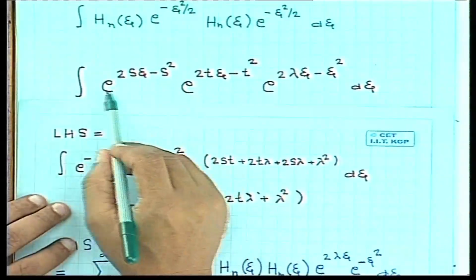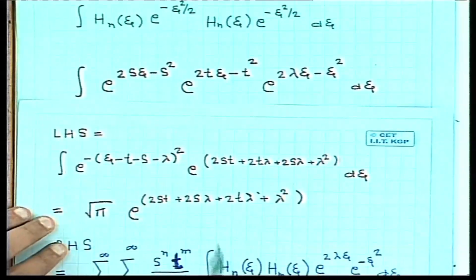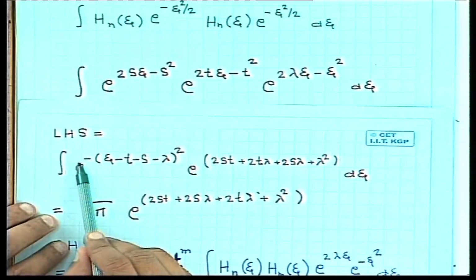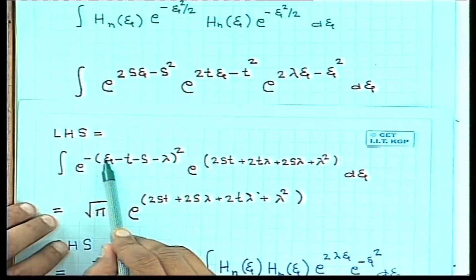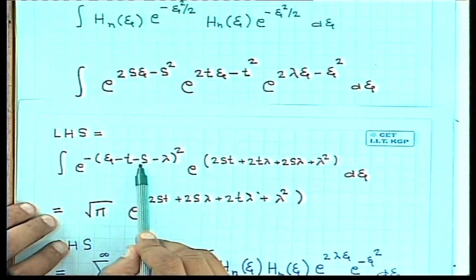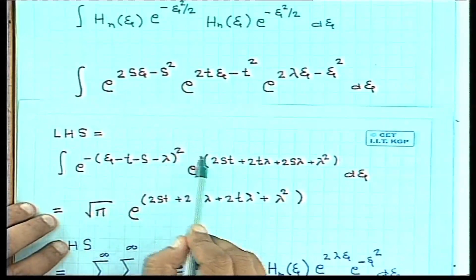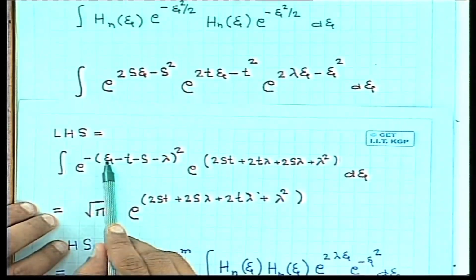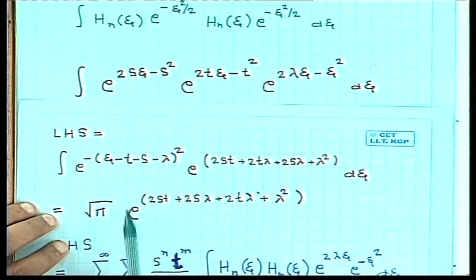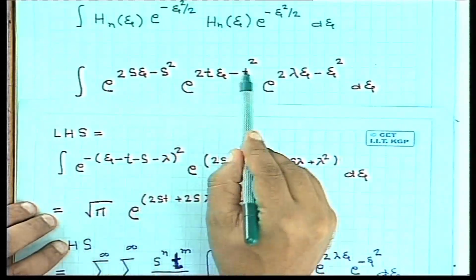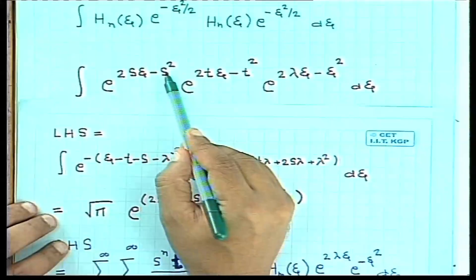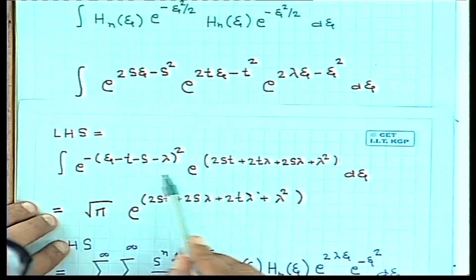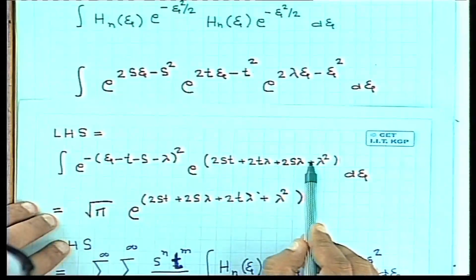The left hand side can be written in this fashion, where we have e to the power minus (xi minus t minus s minus lambda), the whole thing squared. If I expand this, I will get one term which is xi squared, which is here. I will get t squared, which is here. I will get s squared, which is here. I will get minus lambda squared, which is not there, so one extra term, lambda squared, has to be added.